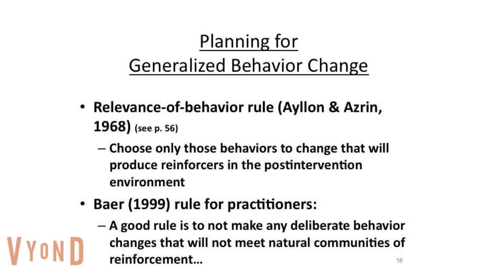You want to make sure the skill you're teaching is going to make contact with natural reinforcers after intervention has been terminated. Is this something they can maintain on their own? Then Baer in 1999 wrote that as a rule for practitioners, we should also follow this rule: it's good to not make any deliberate behavior changes that will not meet natural communities of reinforcement.